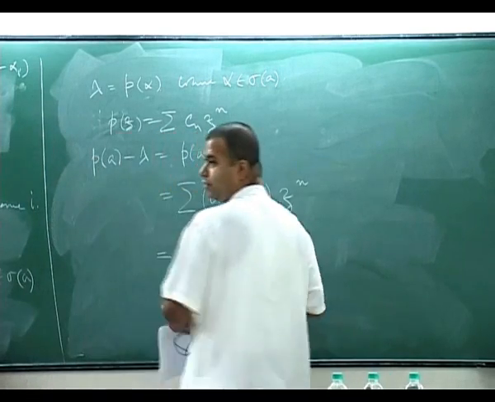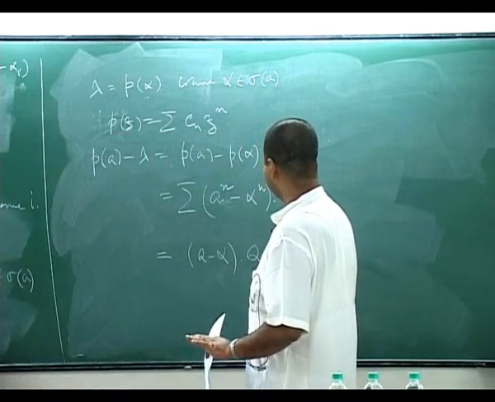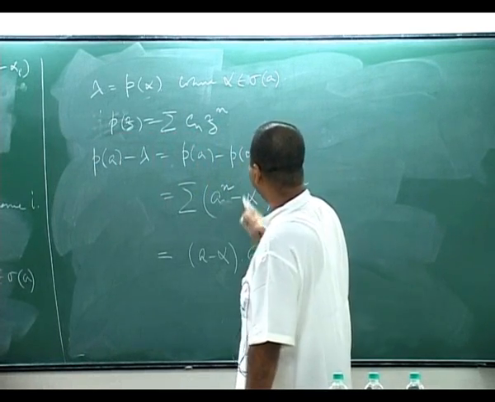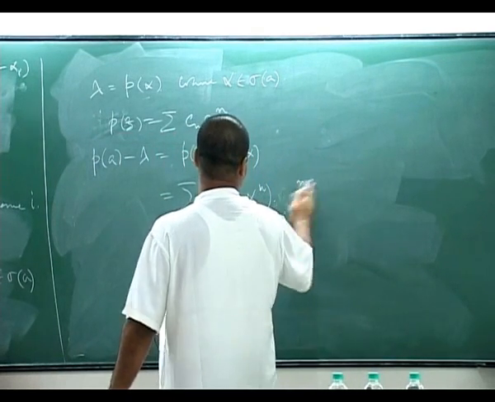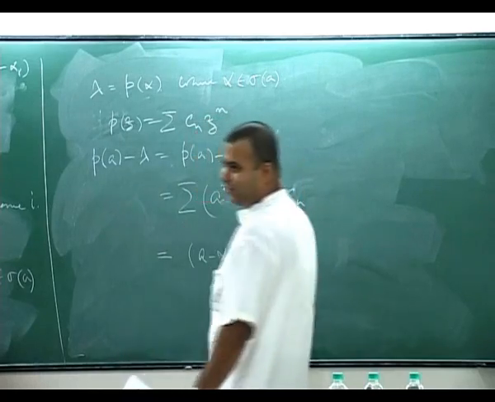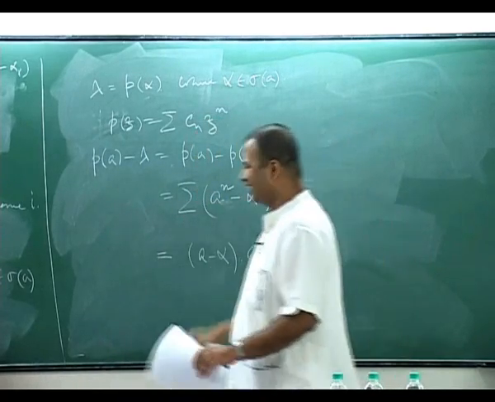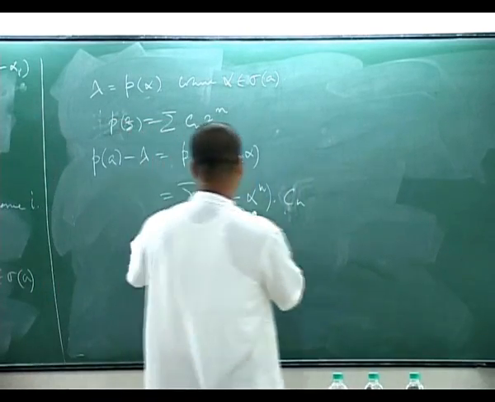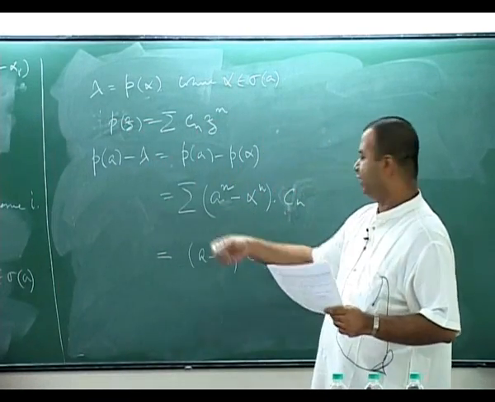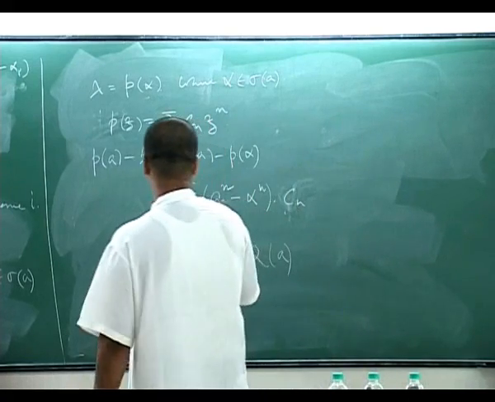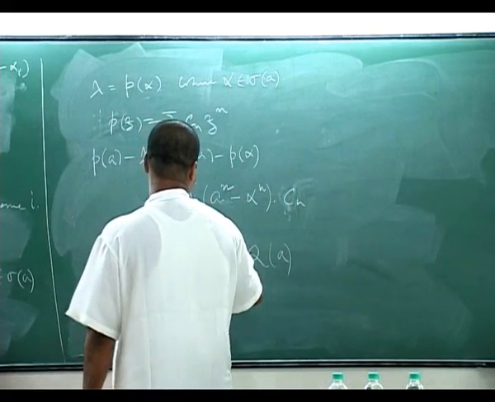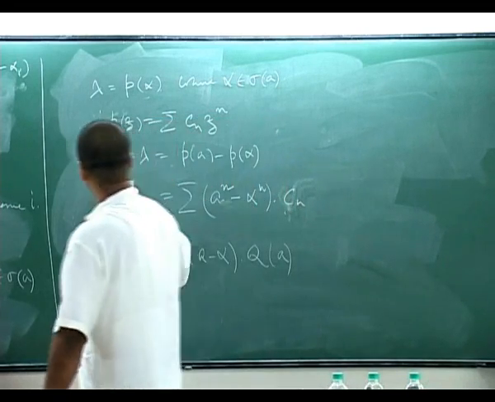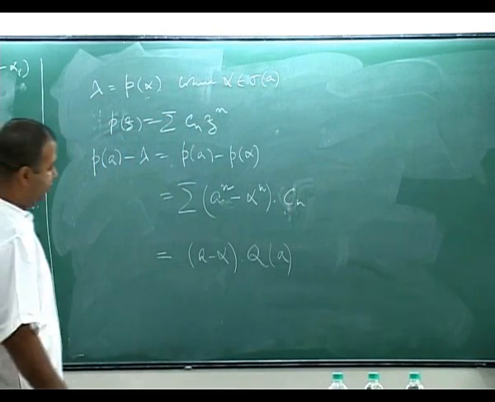The point is that all these terms contain A minus alpha as a factor, and you pull it out. We know that A minus alpha is not invertible, and therefore P(A) minus lambda is not invertible.